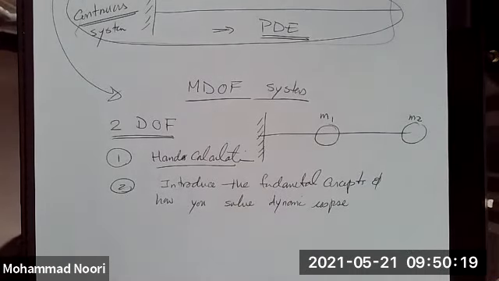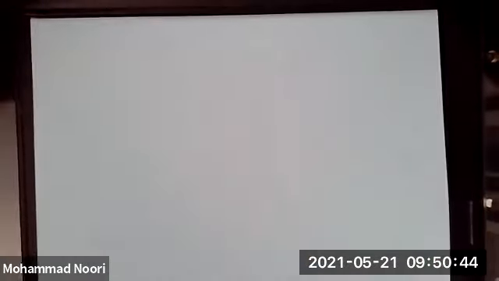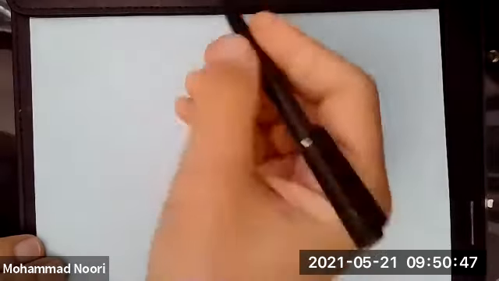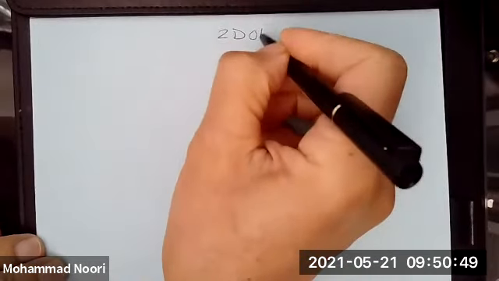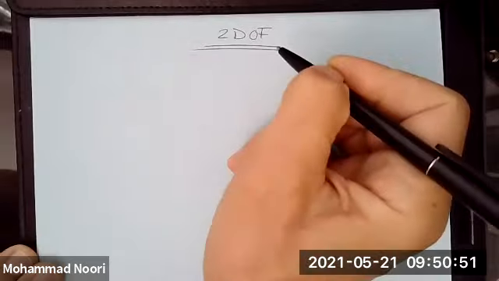And you will see that through that, we can introduce some new dynamic characteristics that we haven't discussed, such as mode shapes, normal modes, orthogonality, and all these concepts that are the foundation for dealing with multi-degree of freedom systems. So let's get going. So this is what we are going to do. We start with a 2 degree of freedom system.